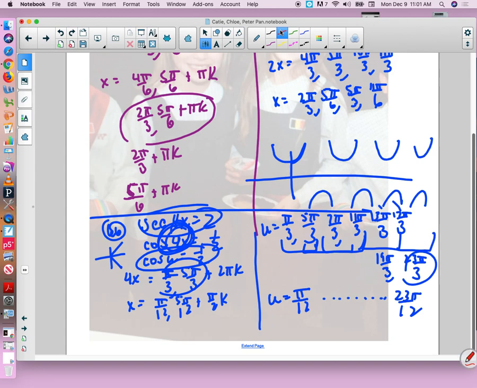The period of this is pi over 2, so by the time I get out to 2 pi, I would have gone through 4 of them, which I don't know if I've drawn enough. But y'all see all the times in there it would equal 2. 1, 2, 3, 4, 5, 6, 7. There'd be another one out there.